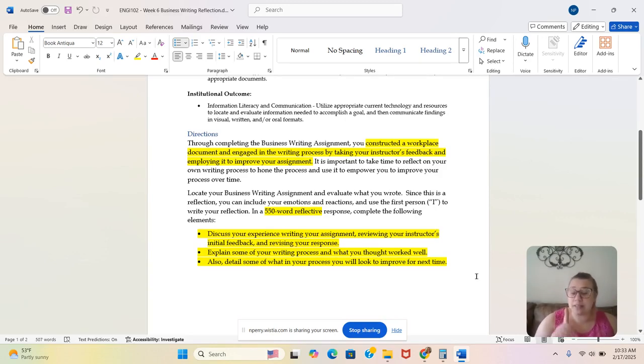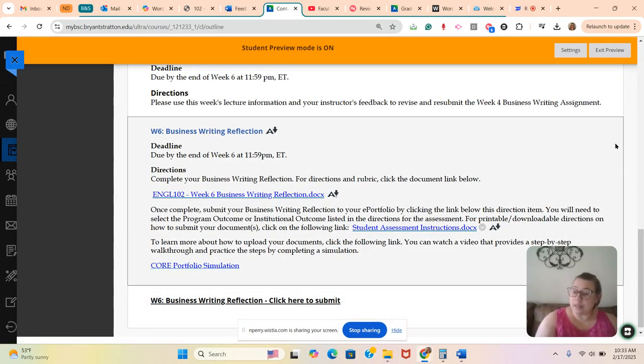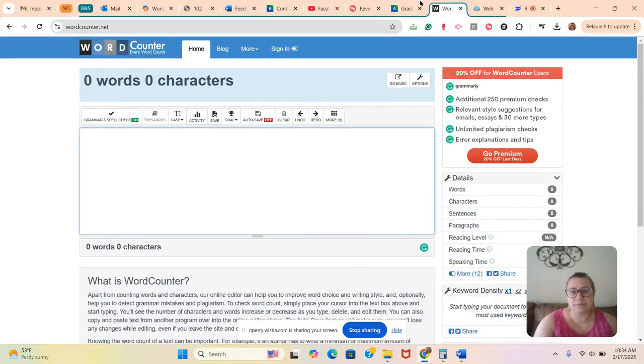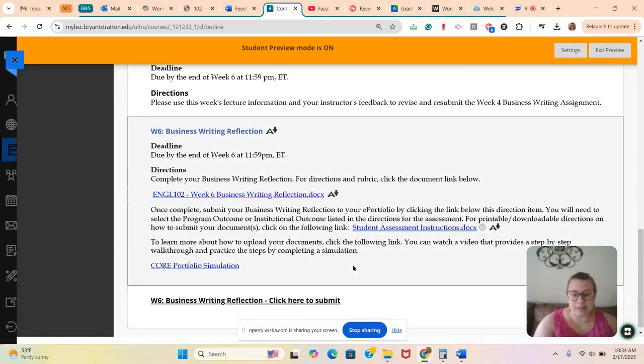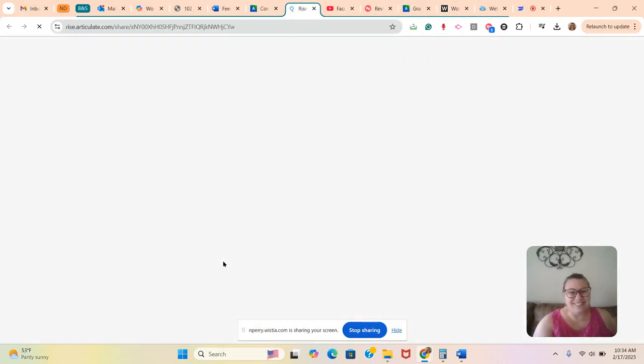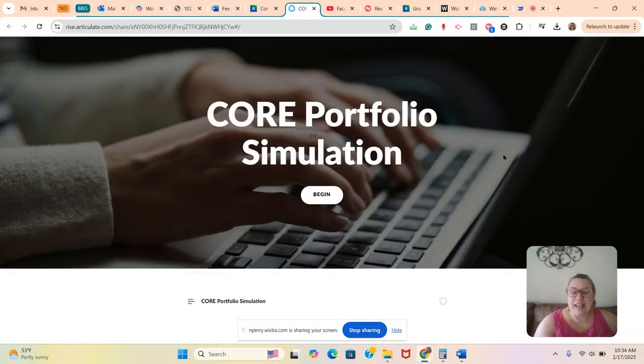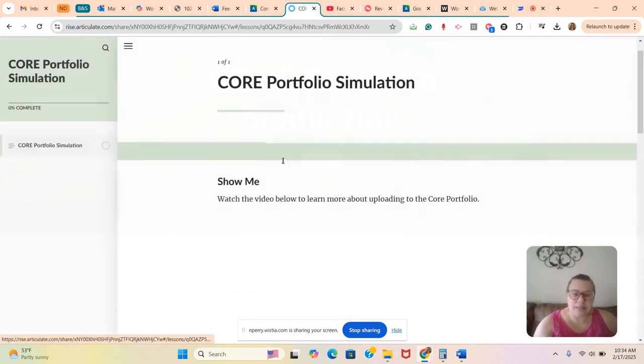Now, the thing that's going to be different with this assignment is you are not submitting it in the normal place. So here is the explanation. And then if you click on this core portfolio simulation, it will bring you here, and it'll go through just the way that a lecture does of, okay, how is it that I do this?